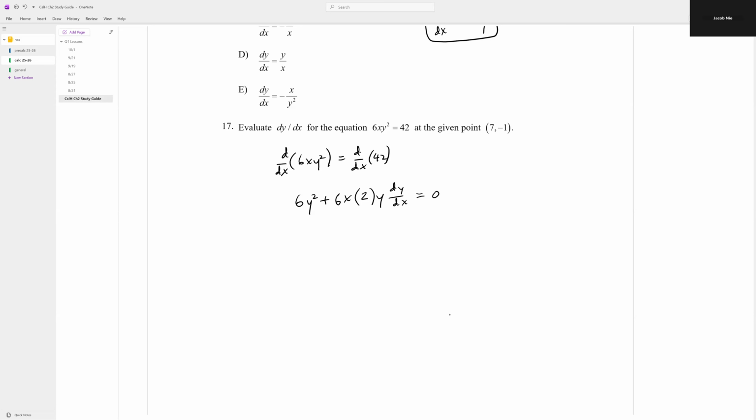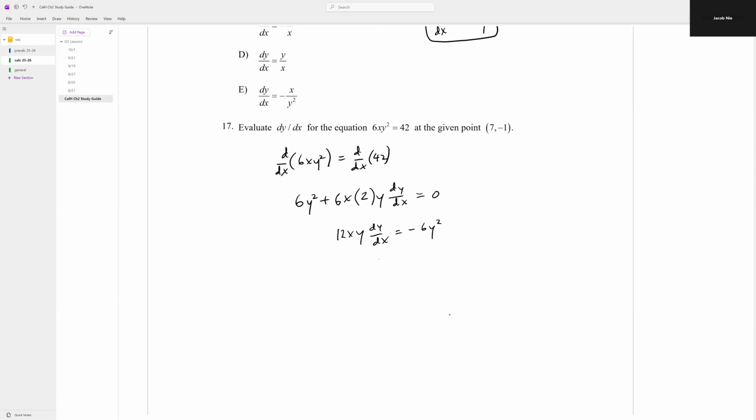All right. And now my final step is isolating dy dx, because that's what I'm looking for. So let me bring the 6y squared to the other side. And so this is going to be 12xy dy dx is equal to negative 6y squared.